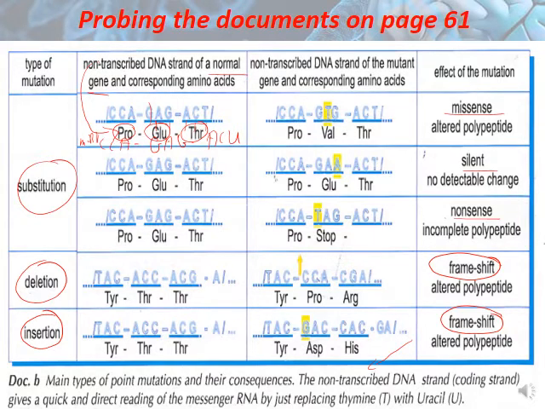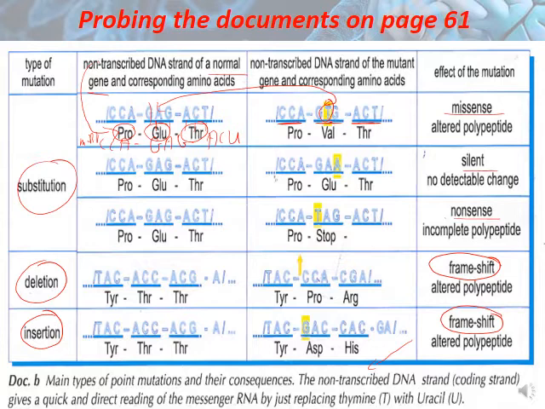In the mutated sequence, we have CCA, and here we have GTG. This is the first codon, this is the second codon, and this is the third. So the second nucleotide of the second codon was substituted.